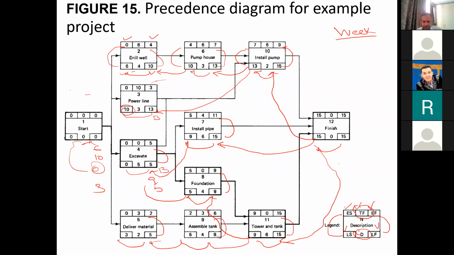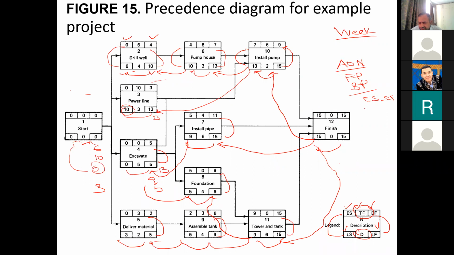So by doing this calculation, now we have covered the AON forward pass and backward pass calculations. In the AON forward pass and backward pass calculations, first you will calculate the early start time and early finish time in the forward pass.